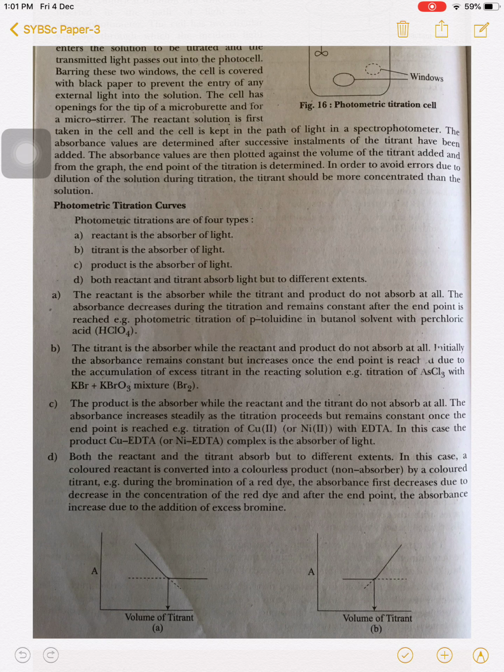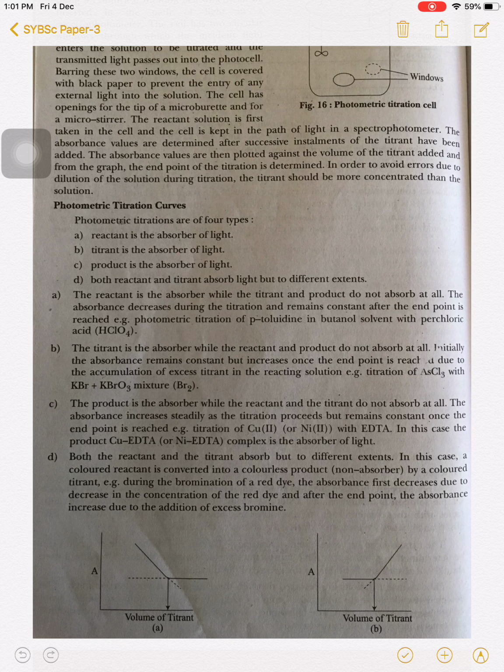Now see the B explanation here. The titrant is the absorber while the reactant and product do not absorb at all. Initially the absorbance remains constant but increases once the endpoint is reached, due to the accumulation of excess titrant in the reacting solution.